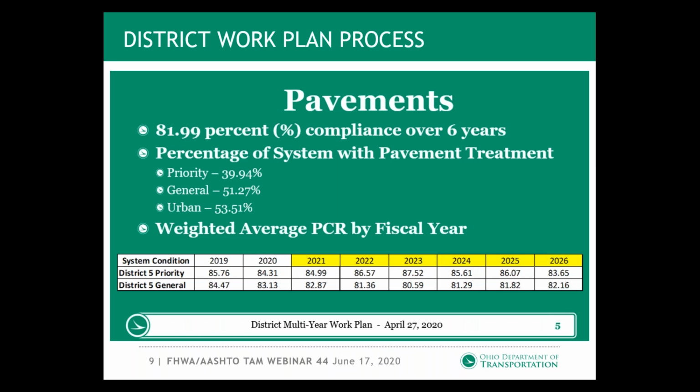This is an example from a slide presentation given to us by the districts, and you can see there that priority system pavements again have an 85 PCR weighted goal. In this case, one of our districts had 81.9% compliance over 6 years, and then you can see over their projected years what they've got planned out for the number of projects.